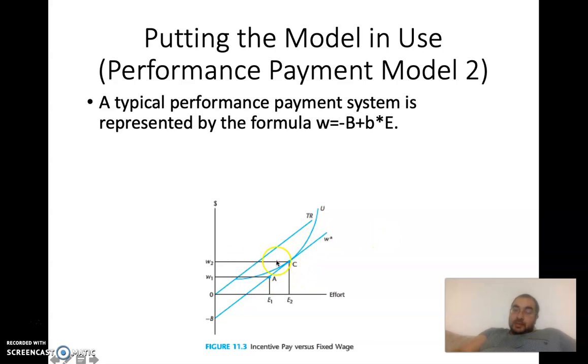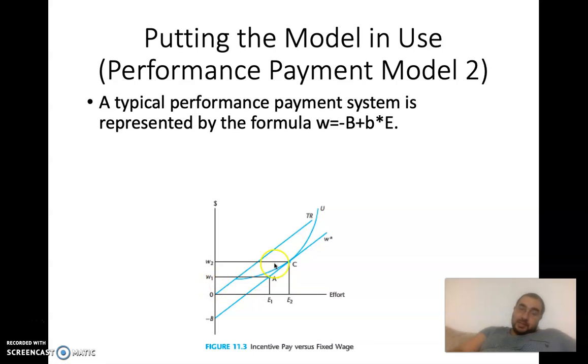And after passing that effort level, they will get a positive amount of revenue. In this case, for each worker, the effort level will be different, and it will depend on at which point this wage line is tangent to the utility curve of the worker.